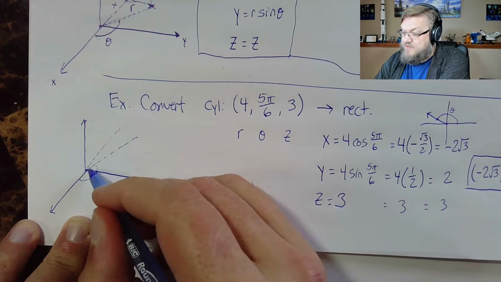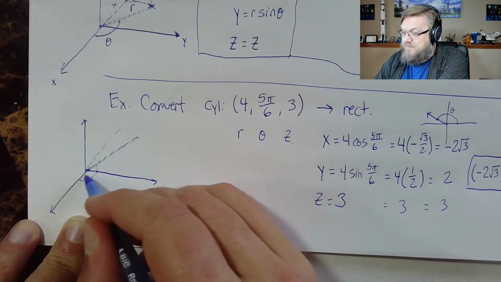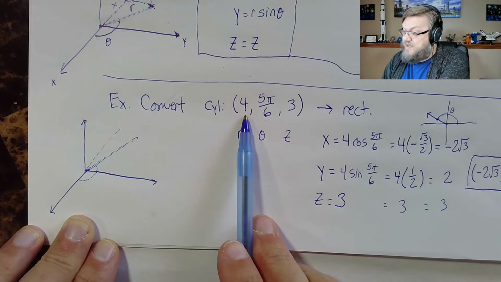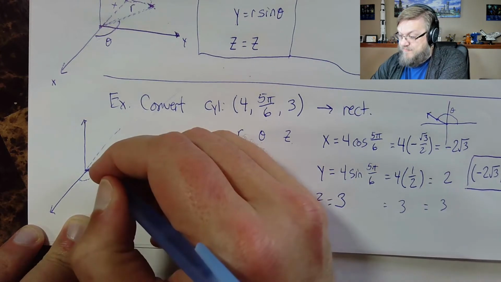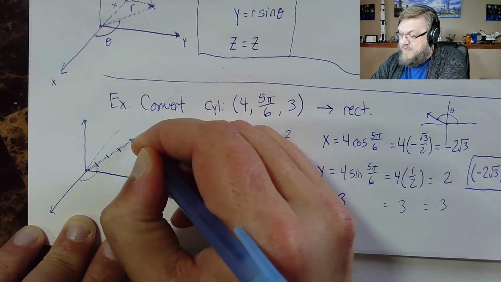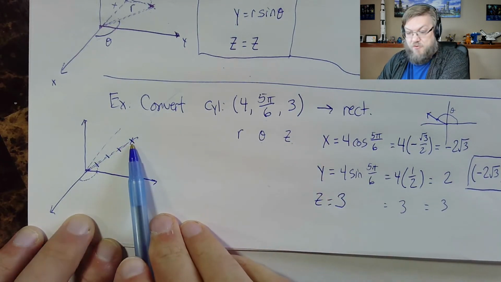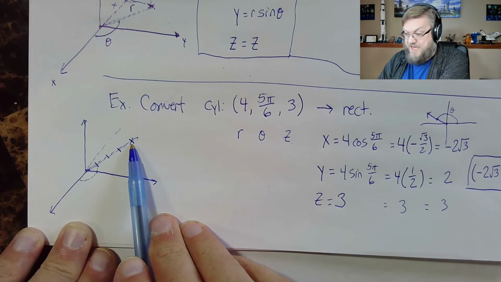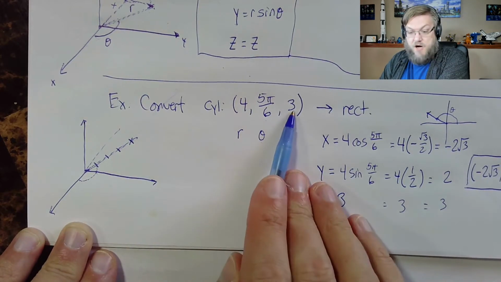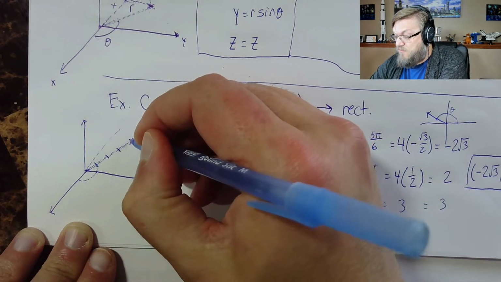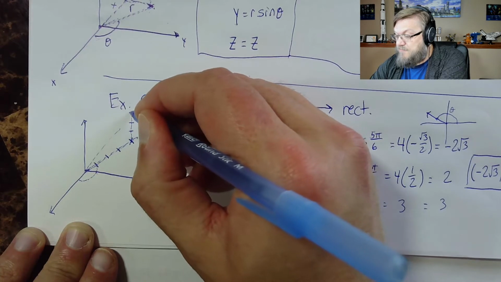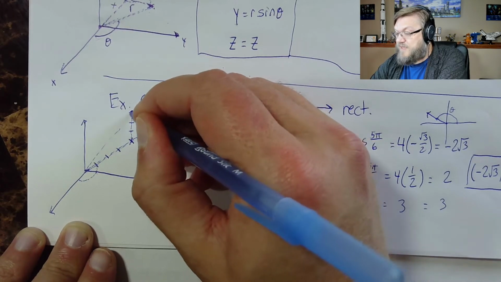And so there's the angle of 5π/6, just like that. Now, along that, move 4 units: 1, 2, 3, 4. This is the projection of the point in space. Now from this point on the floor, go up 3 units: 1, 2, 3. So my point is roughly right there.